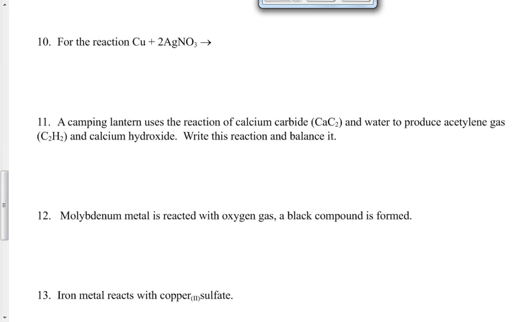All right, so number 11, we have the camping lantern reaction. The reaction of calcium carbide and water to produce acetylene gas, which is C2H2, and calcium hydroxide. So write this reaction and balance it. So we've got CaC2 plus water, H2O.